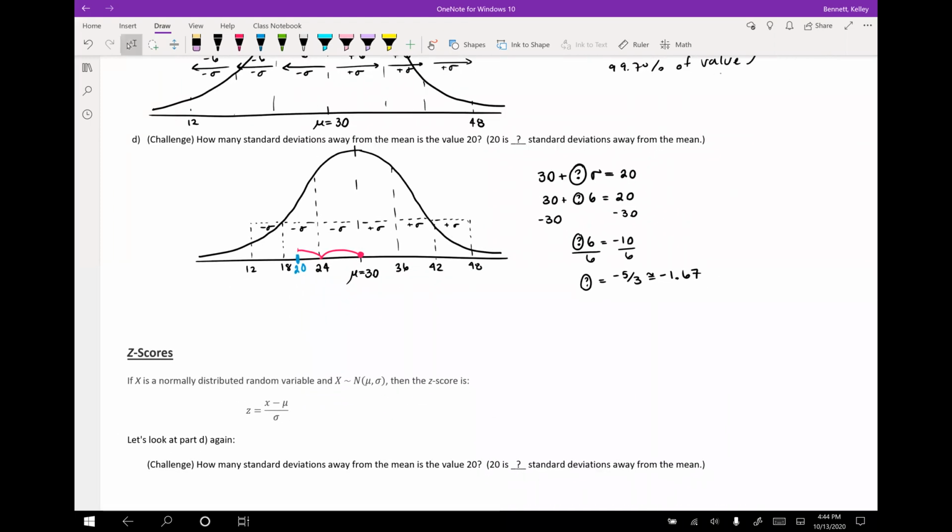Typically what we can do is convert a normally distributed random variable x with mean mu and standard deviation sigma into what's called the standard normal. So we've got the regular normal, which is not the official name, just FYI.